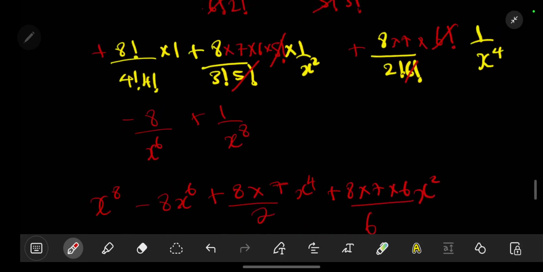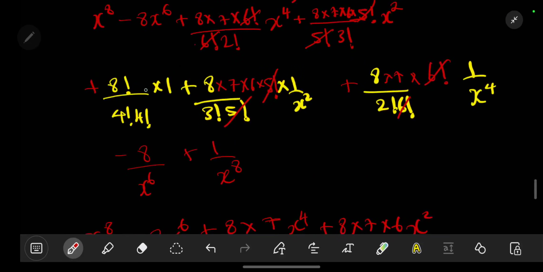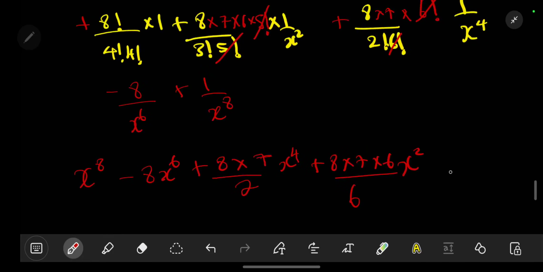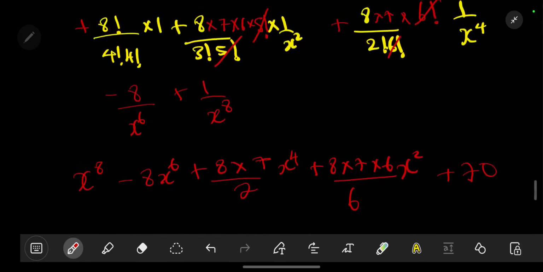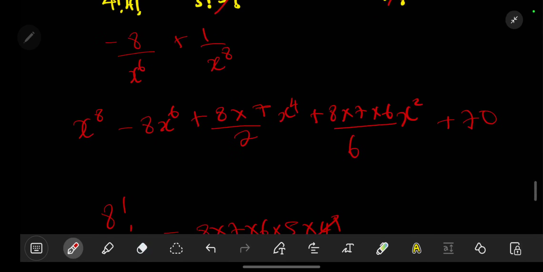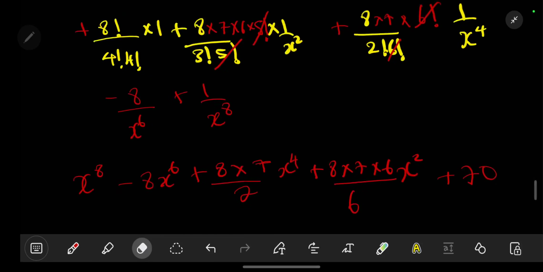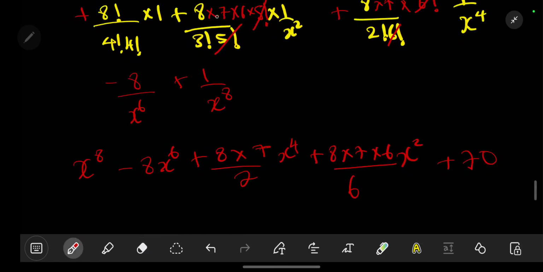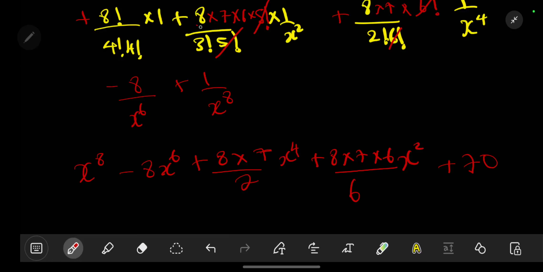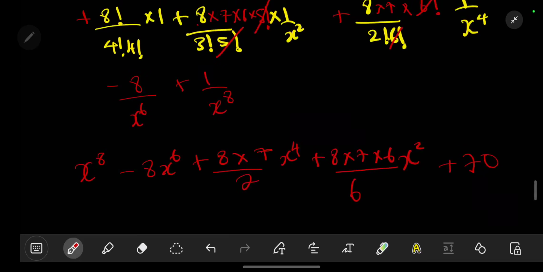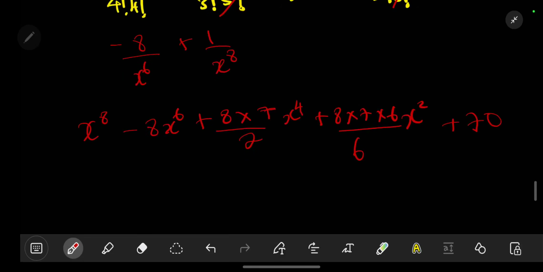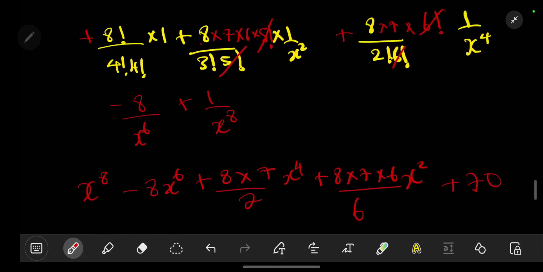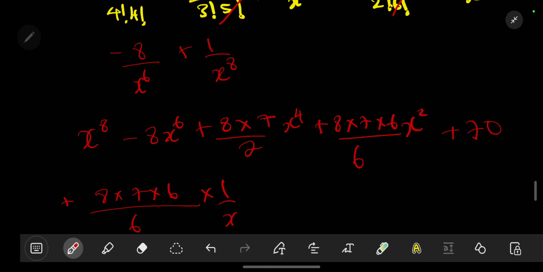So we are going to write 70. So this is 70, we are going to say plus 70, 70 times 1 is 70. Then we have 8 times 7 times 6 over 3 factorial, which is 6, times 1 over x squared.